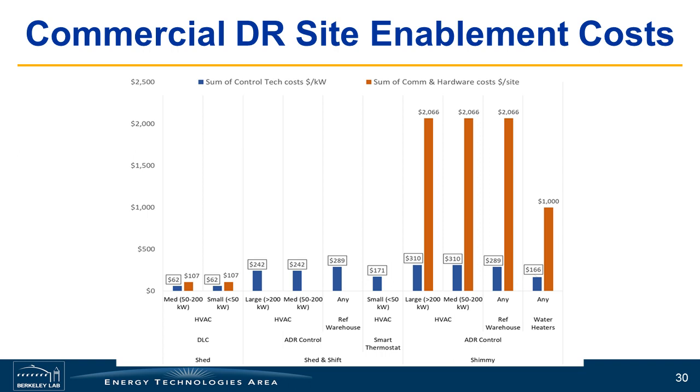Typically you're going to need a gateway in order to gather the data at sub 5-minute intervals, and to package it up and dispatch that over a communication infrastructure and get that back to an aggregator, to the ISO, or to the utility, so that they can actively monitor the performance of those end uses in that resource.